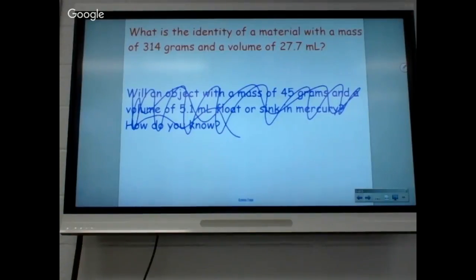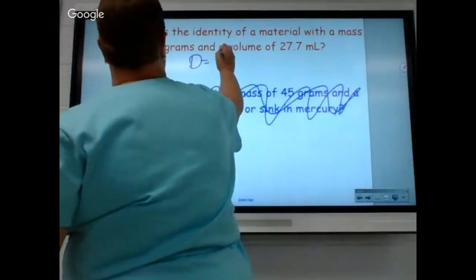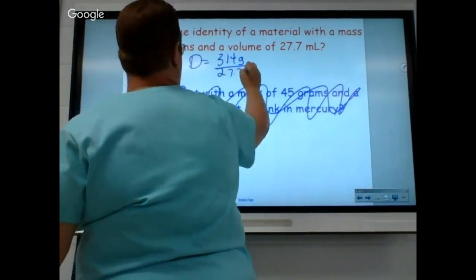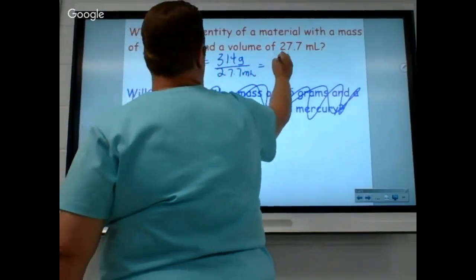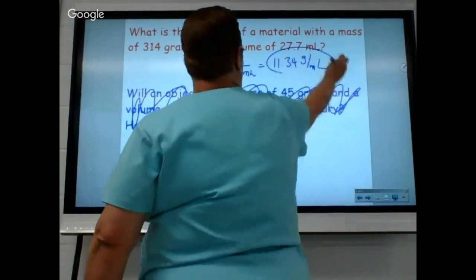Now that you have your answer, what was the answer for the density? You said 11.34. So everybody said density equals 314 grams over 27.7 milliliters, and you got 11.34 grams per milliliter. You got the density.